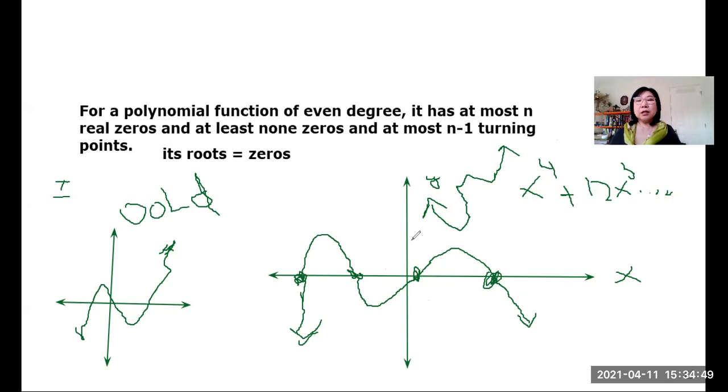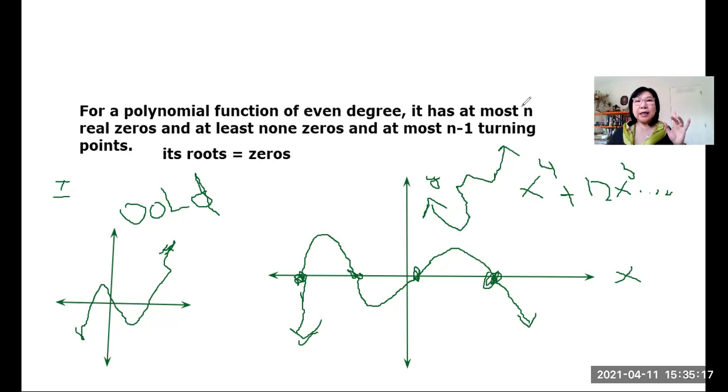If you have a degree of x to the power 4, it cannot give you 5 roots or 6 roots or 7 roots. It cannot exceed the highest degree. So if the polynomial here is x to the power 4, the maximum number of roots for this polynomial function is 4. It cannot be 6. It cannot be 8.